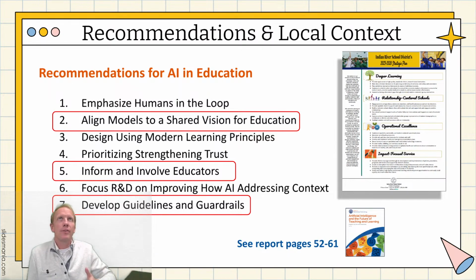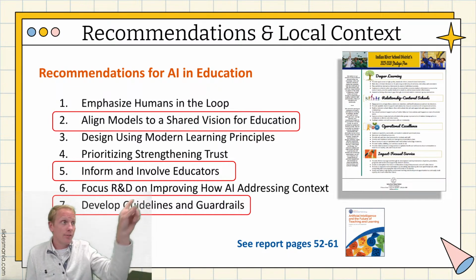So within the IRSD, if you're watching this, this is the purpose of the webinar and all of the work that I'm going to share with you through this series. Number one, we want to align AI models to a shared vision for education. For us, that's the strategic plan.